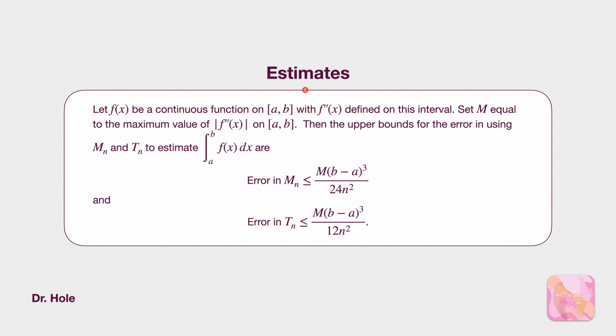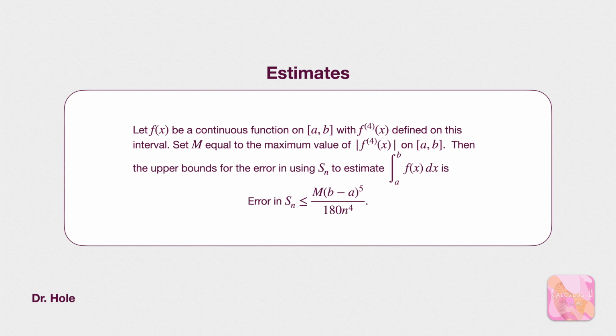Before we write down the estimate for Simpson's, let's recall that we had these estimates for the midpoint rule and the trapezoidal rule, and that in these errors, the capital M was the maximum value of the second derivative. When we compute capital M, we need a second order derivative, the length of the interval is to the power 3, that's 1 bigger than 2, and the n appears to the same count as the number of derivatives.